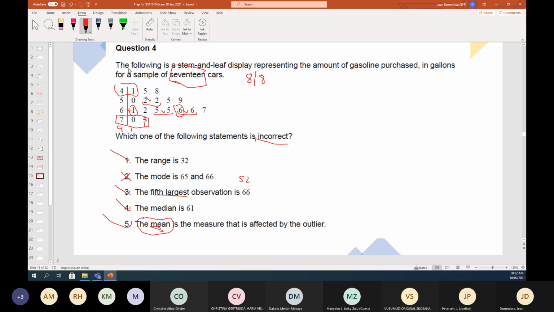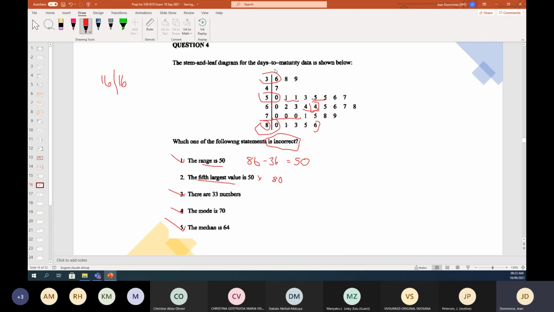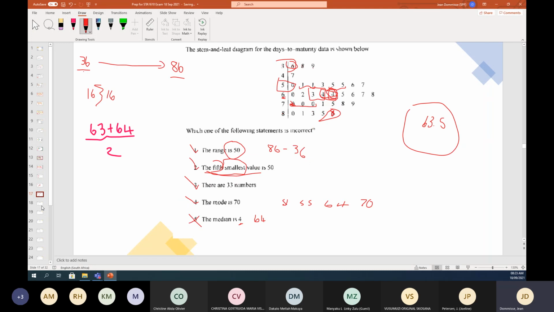So here sometimes they give your data set. This one was representing gasoline purchase in gallons. This one was data on the days to maturity. There could be an instance where this was the same because it was the same question.